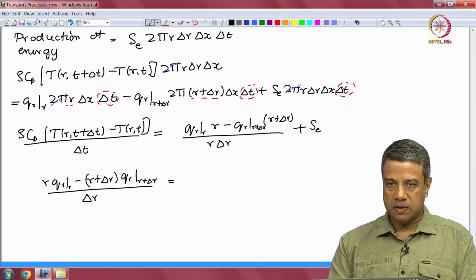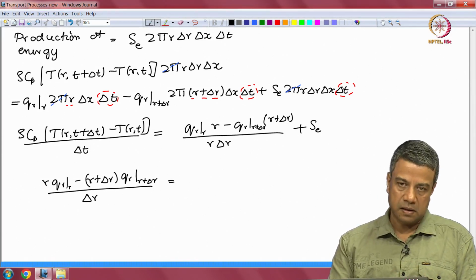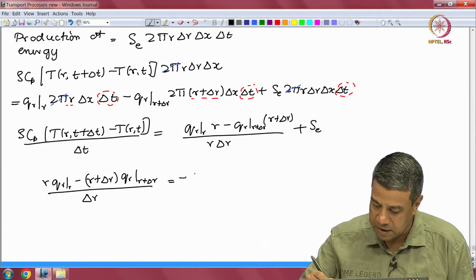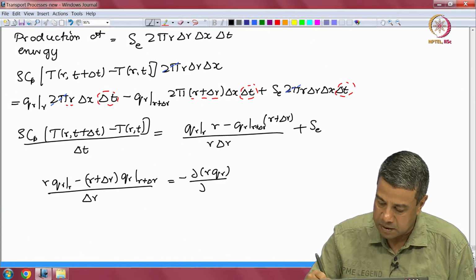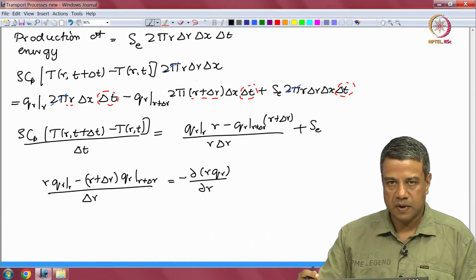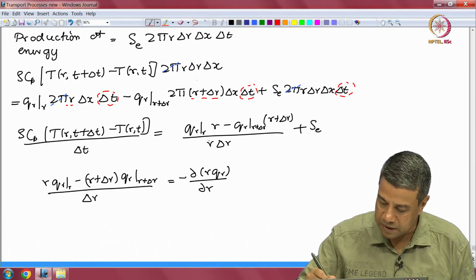Derivative of r times Q_r is r Q_r at r plus delta r minus r Q_r at r. Okay. This is the negative of that. So, I can write this as minus partial of r Q_r by partial r. Okay. So, that is how I will simplify that, and then you have another factor here of 1 by r.